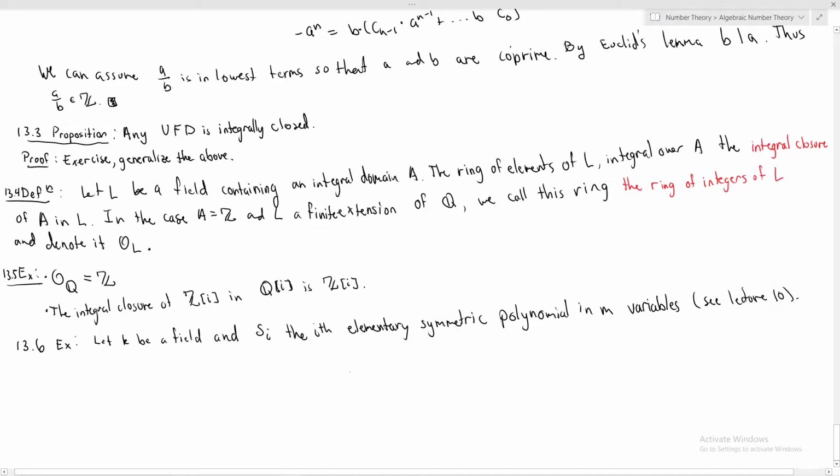Okay. I claim the integral closure of K adjoin S1 through Sm is, I guess first I have to tell you what the integral closure is in.